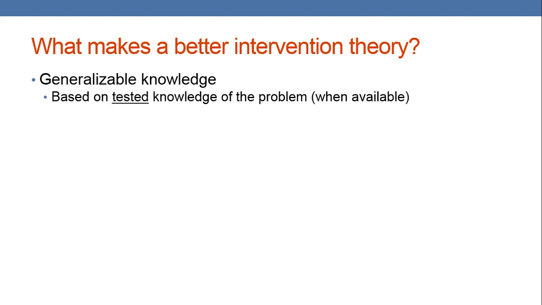But when you're building an intervention theory, there are some other tools you can use to make the intervention better. One is, is it based on generalizable knowledge? And I know that folks who work really deep in the weeds in clinical quality improvement and process improvement will say that there's not much in the generalizable knowledge world that is going to help them develop improvements for many of the programs they're working on.